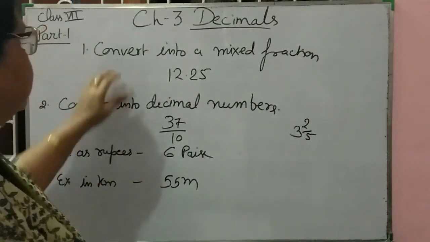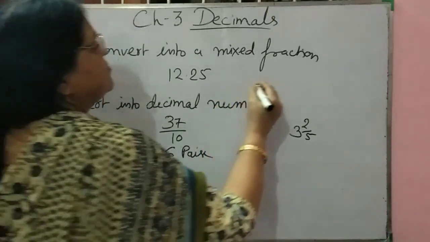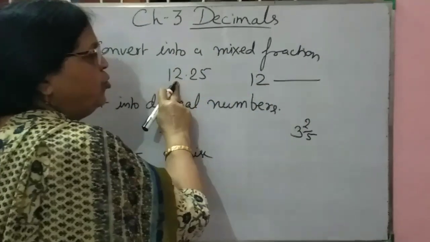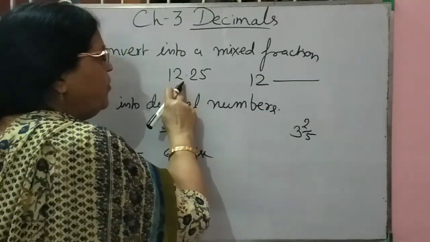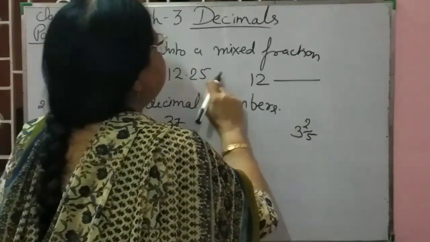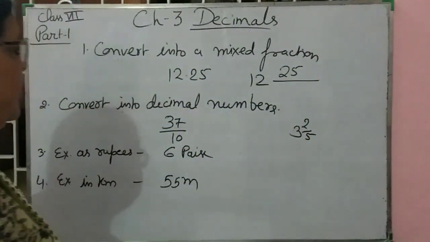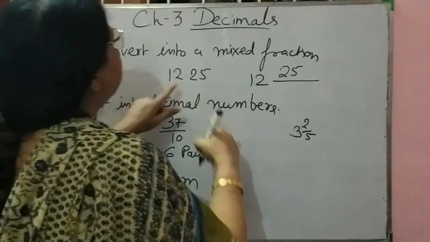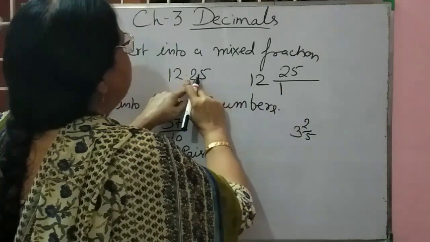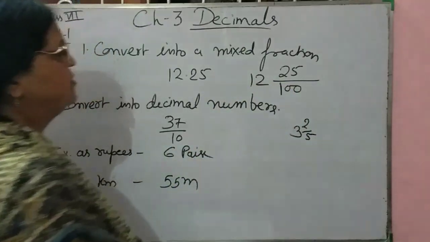First question is saying convert into a mixed fraction. Write down 12 here. 12 is in whole part. This is whole part. Write down 12 here and 25. This is numerator, and in denominator, in place of decimal, write down 1, and how many digits are here? 2 digits, 2 zeros.